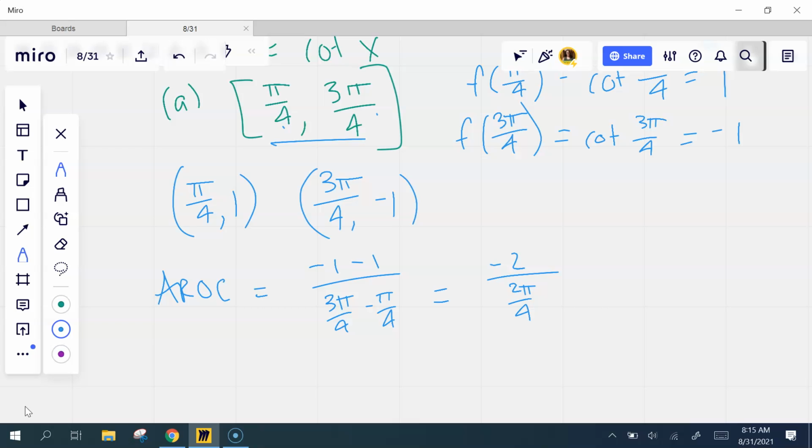Instead of dividing by a fraction, I am going to do negative 2 times 4 over 2 pi, multiplied by the reciprocal. The 2's cancel. This is a lot of work.